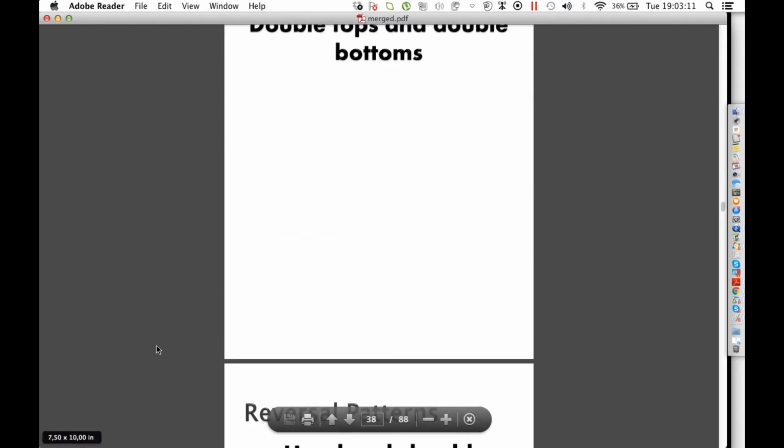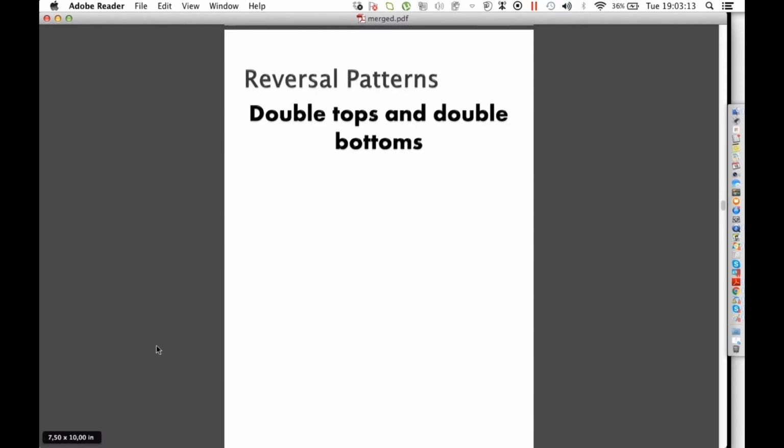Alright, so now that we get that, we're gonna look at the final thing in this lesson. Reversal patterns. So reversal patterns are the way that the market moves in order to show us that, okay, we might turn now.